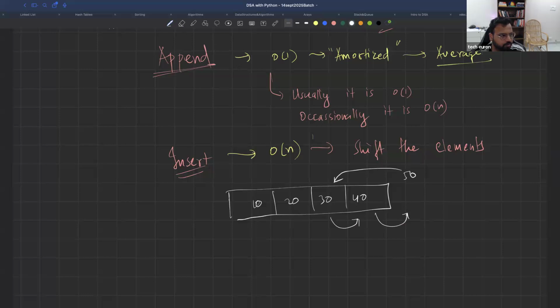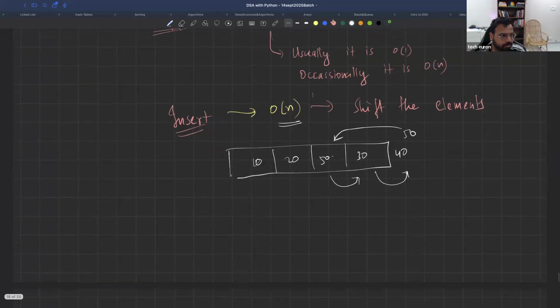So 40 will have to shift here, 30 will have to shift here, and then 50 will have to come here. So we have to shift. So this becomes O of n. Similarly, deleting also will be O of n.